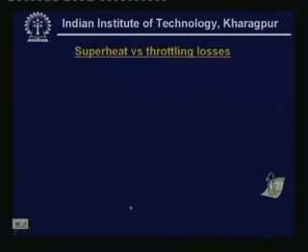Now let us quickly look at the differences between superheat and throttling losses. I have mentioned that because you have changed over from the Carnot cycle to the vapor compression refrigeration system because of some practical difficulties, two additional losses have been introduced: the first is because of the superheat and the second is because of throttling.